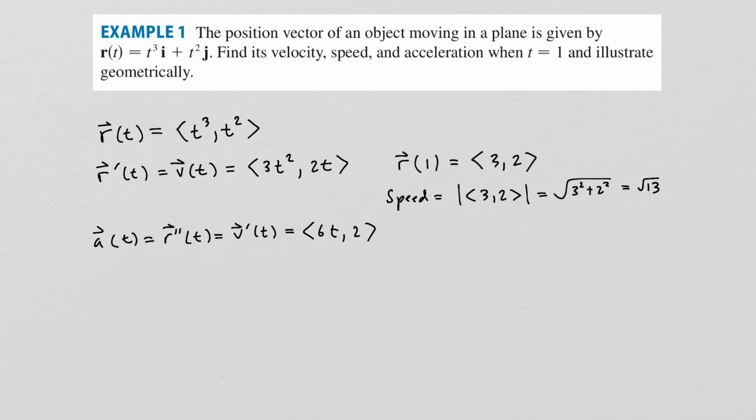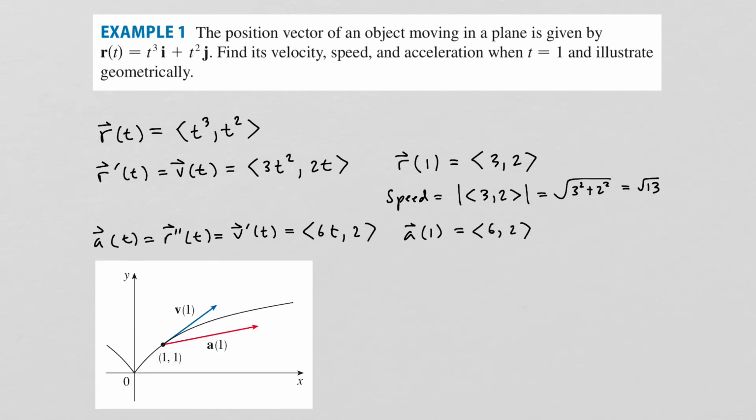And the acceleration when t equals 1 is going to be a of 1, which of course is just <6, 2>. Now we have the graph of the position function here. We have the velocity at t equals 1 here, and we have the acceleration here. So you'll notice that the velocity vector is tangent to the curve, but the acceleration vector is not.